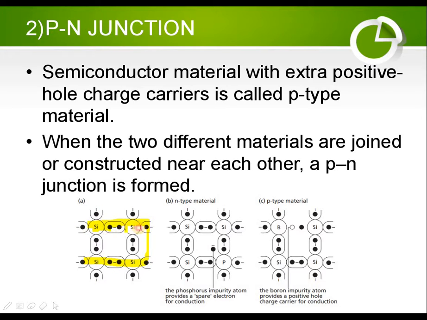Here it's silicon, and there are no impurity atoms added, while in this case, n-type material, the impurity atom is phosphorus and it has 5 electrons.